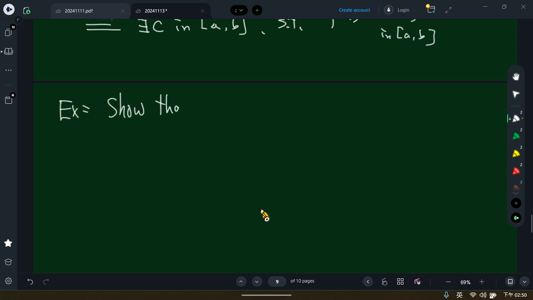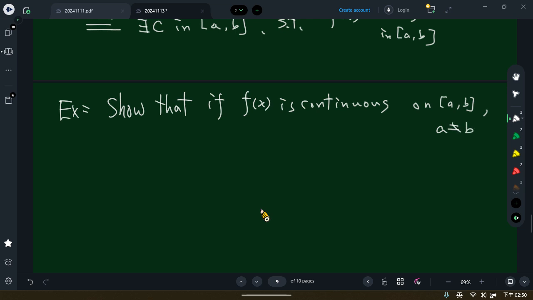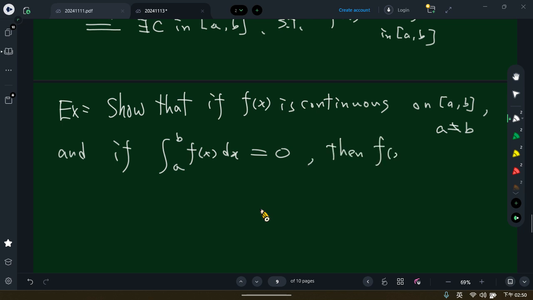Please show that if f of s is continuous on AB, and A is not equal to B, and if the integral from A to B of f of s ds is equal to 0, then f of x is equal to 0 will happen at once in AB.